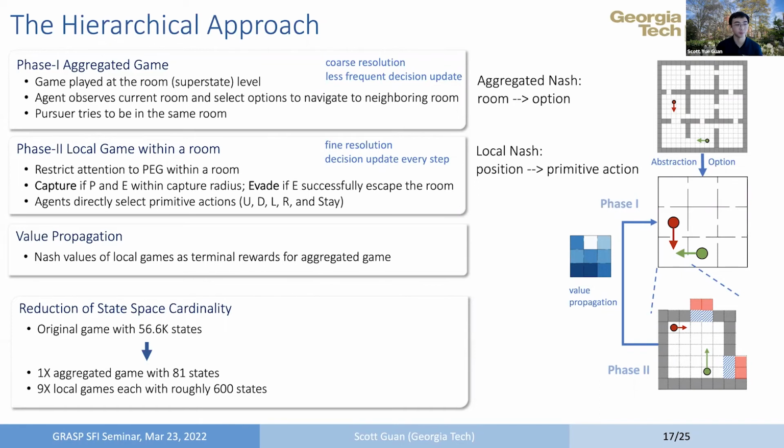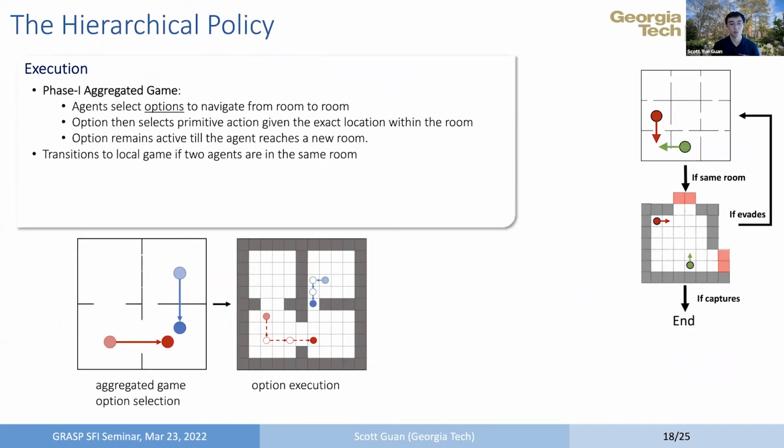So when we execute the hierarchical policy, we will start with the aggregated game, and an agent will first select an option to execute. And then the option selects the primitive actions given the exact location within the room, and this selected option will be active until the agent leaves the room, and then at a new room the agents will update their option selection.